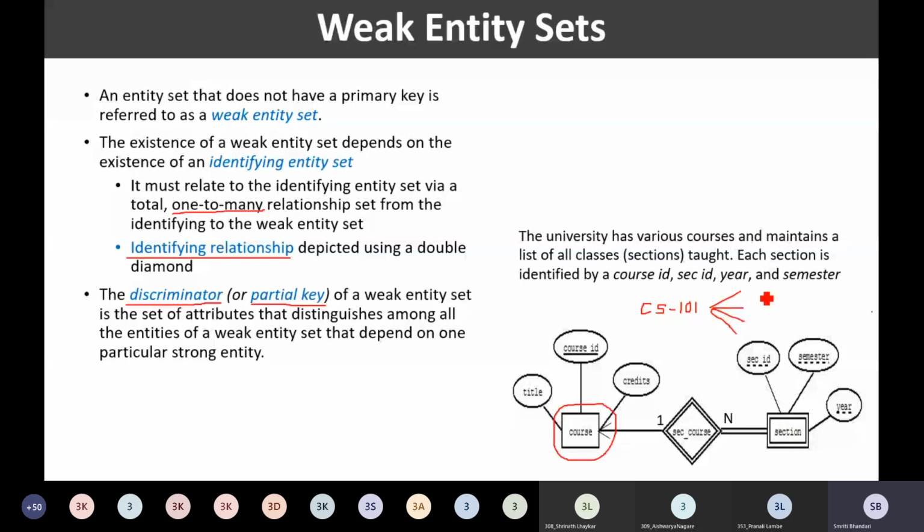So what I need to do is distinguish these 4 individual entities that depend upon this particular course. To distinguish these 4 entities stored in my weak entity set, I need some attribute or some set of attributes that will help me to distinguish.